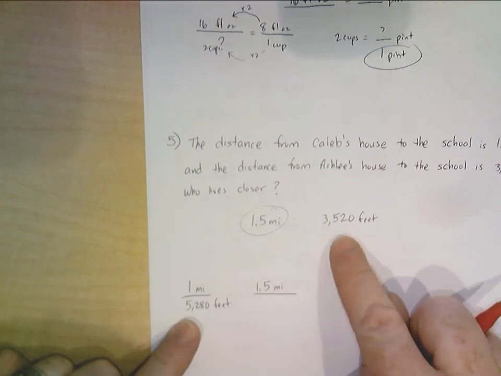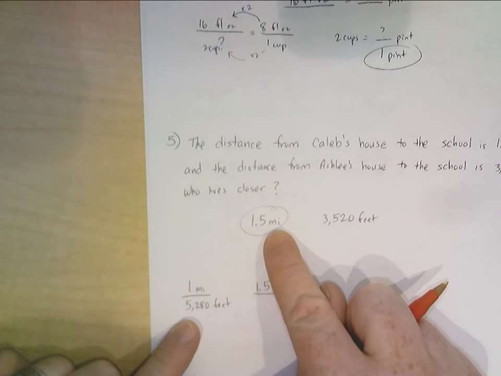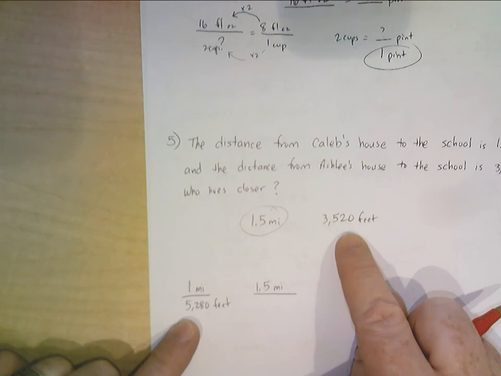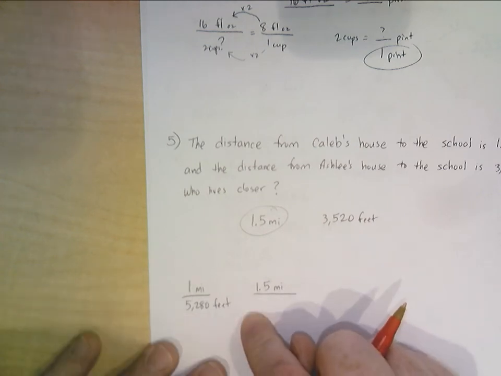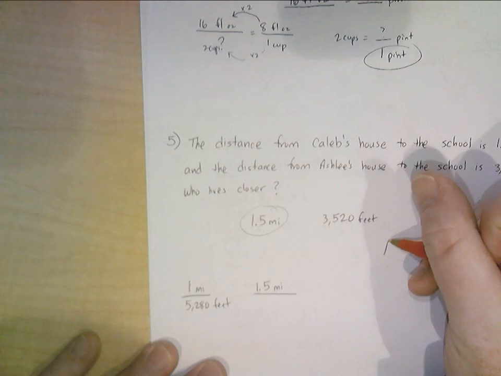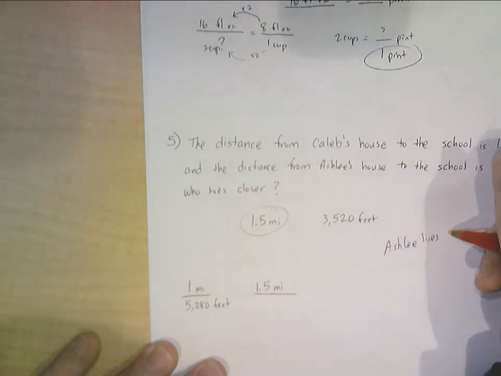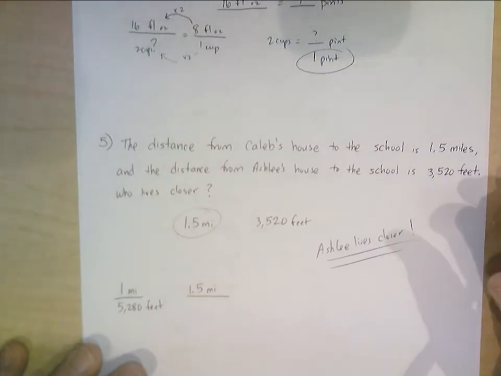And 5,280 is already larger than 3,520 feet. We could have said that if Caleb was 1 mile away from school, he would still live further away than Ashley does. So by default, before even doing this problem, you can say Ashley lives closer. But if that's not apparent enough, let's find out.